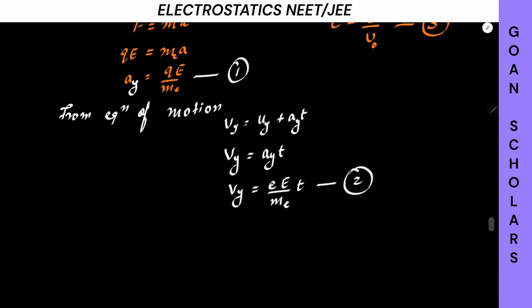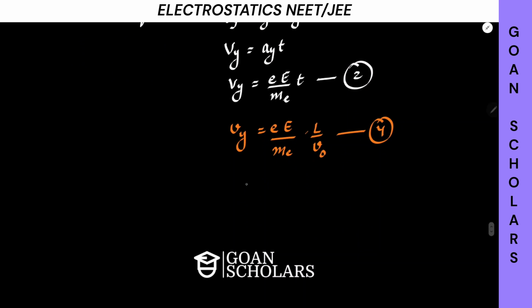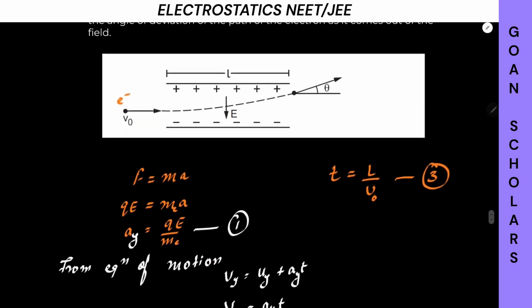Let's substitute here. So this Vy will be equal to how much? e by m_e, and time is how much? Length upon speed V0. This is our equation number 4, correct? Now this is our velocity Vy. What's our velocity along the x-axis? Velocity along the x-axis is V0, Vx is V0. So theta we can find at any point.